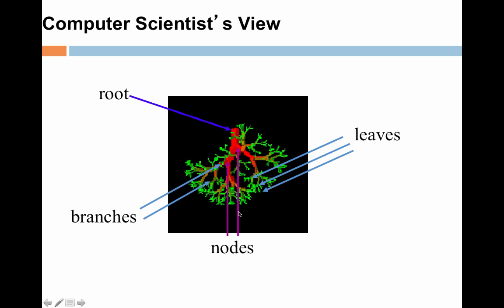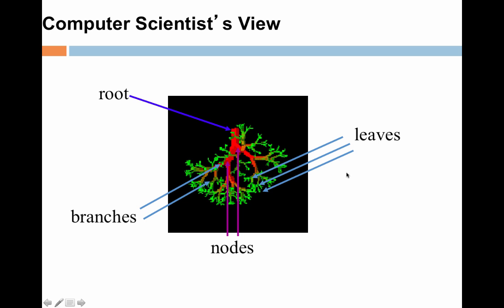Now, what can you do with this computer scientist's view? One can actually keep track of the root and keep some values at every node, keep some values at the leaves, and then manipulate this object. For example, we can eliminate some leaves, then we can add a few new nodes, we can add a few new leaves, and so on and so forth.